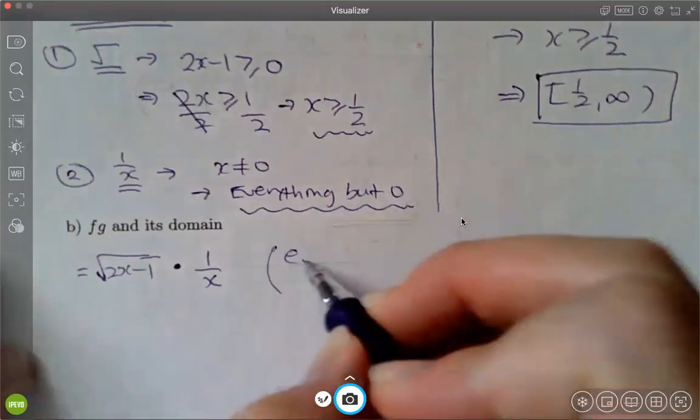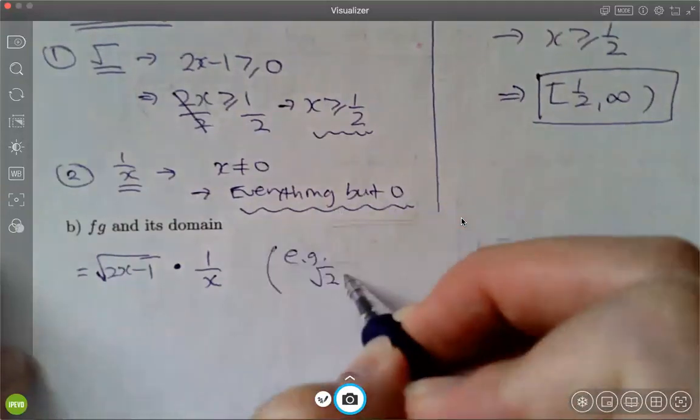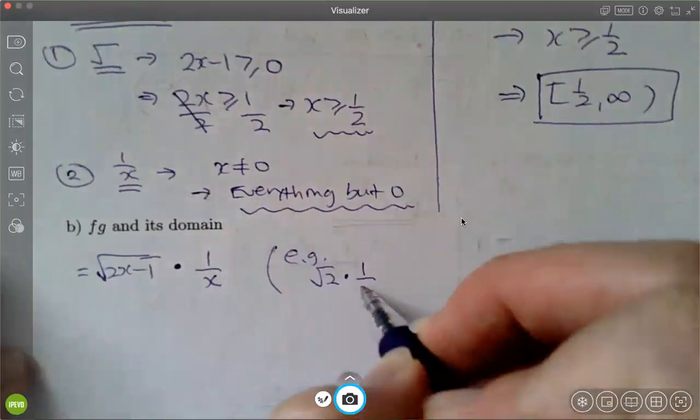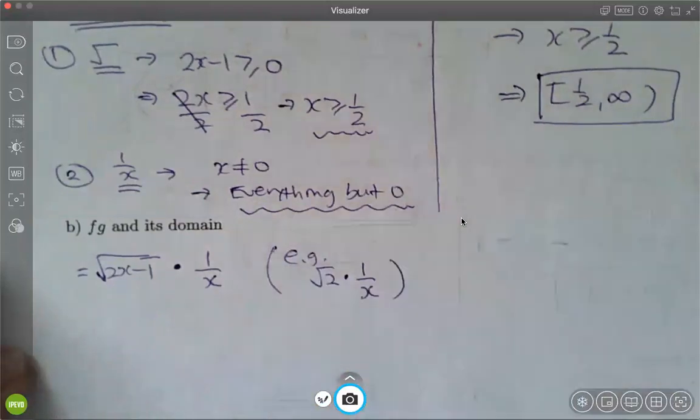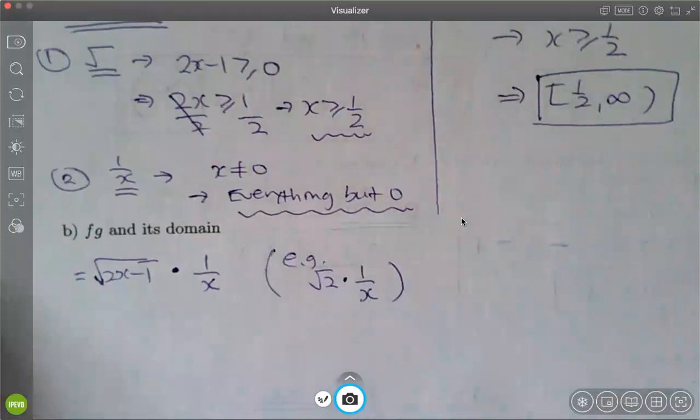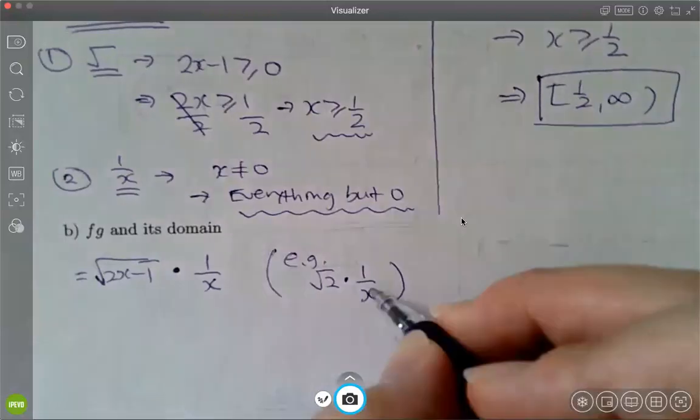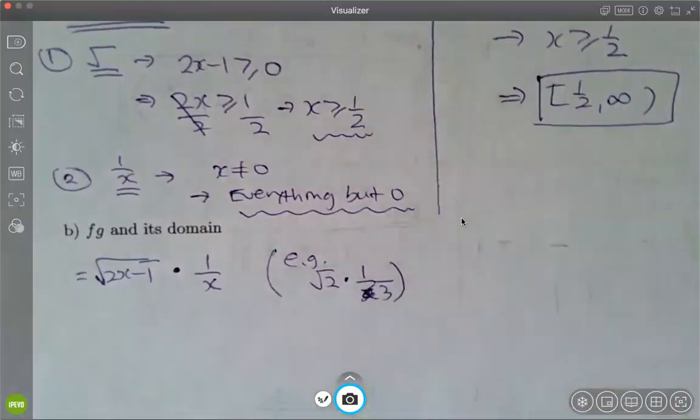And here's my similar problem. How do you multiply square root of 2 by 1 over x? Rationalize the denominator? Oh, that's too hard. No. Like, what is square root of 2? Like, how do you multiply square root of 2 times 1/3?